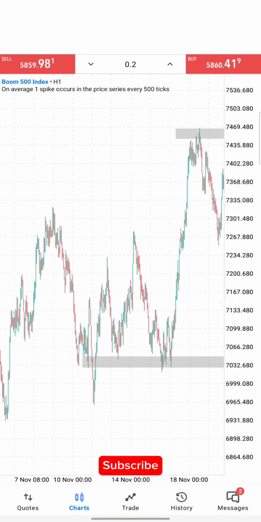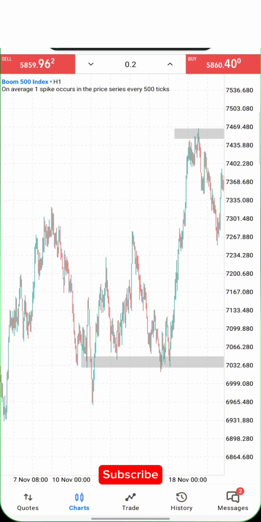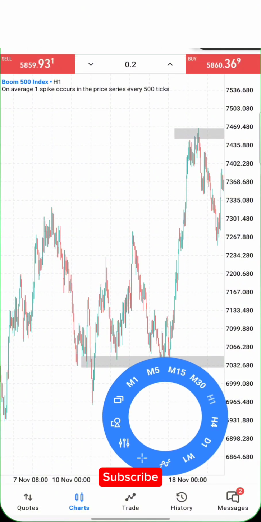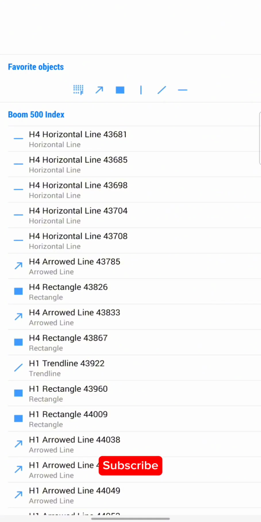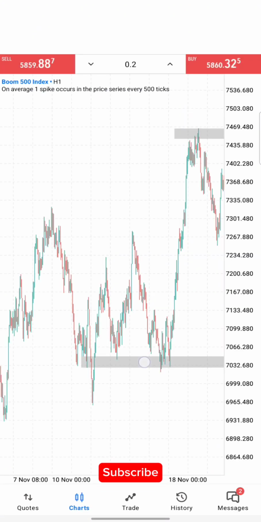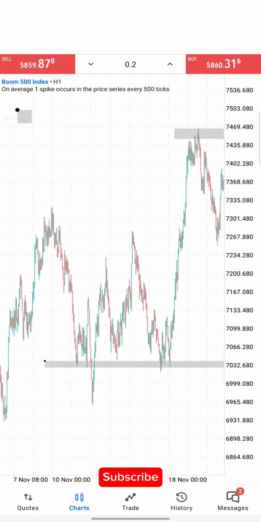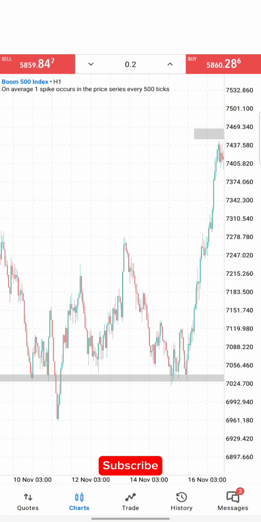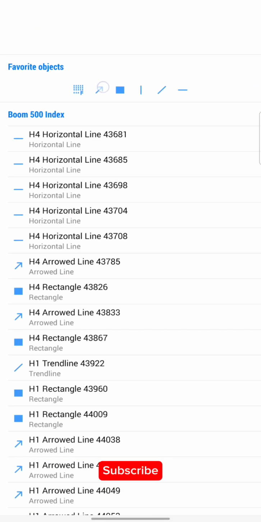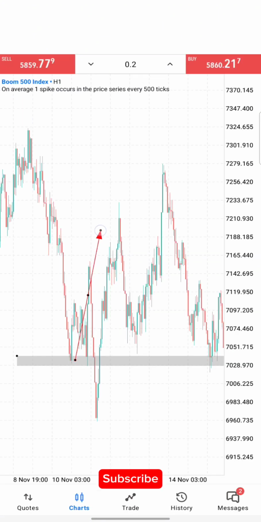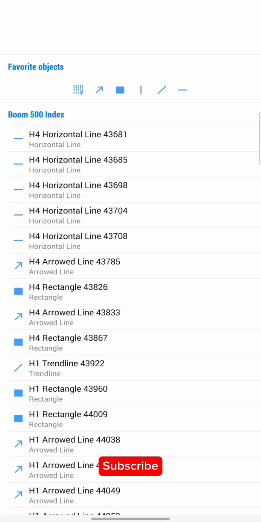Let's go. Okay, you see what I'm saying here? Okay. Let's see. This is a perfect example of what I just showed you. You see how the market went all the way. This is our zone. Market rejected, came back down.